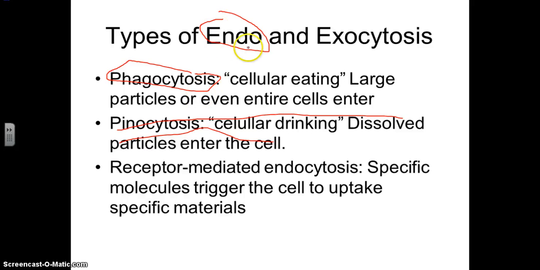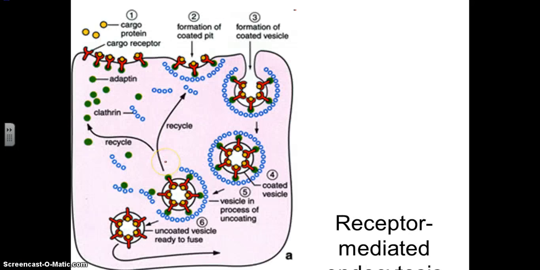We are going to talk a little bit now about receptor-mediated endocytosis and how that's different than just regular endocytosis. In receptor-mediated endocytosis, these yellow particles are the particles that we're taking in. Instead of the cell just deciding to go around it, the particles bind to receptor proteins in the cell, kind of like transport proteins, except the particle doesn't go through.